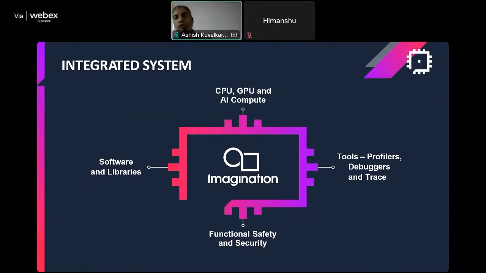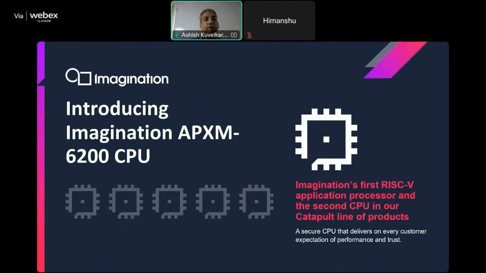There are tools that go with it, such as profiling tools and debuggers, and this is where the community comes together. And if you want to specifically target industrial, automotive, and other applications, then functional safety and security is another big angle. So it's about really all of this coming together to make RISC-V a meaningful new architecture for the future.